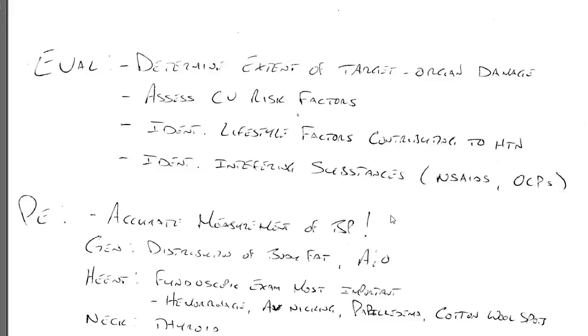So screening these patients, if you look at the 2015 USPSTF guidelines, that's the United States Preventive Services Task Force, it talks about at a minimum adults 40 years of age or older should have their blood pressure measured annually.